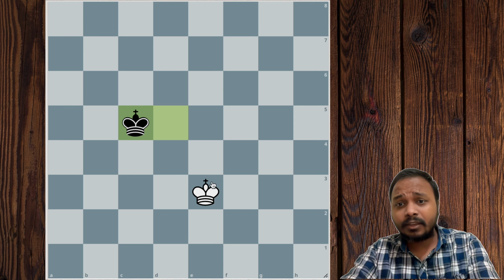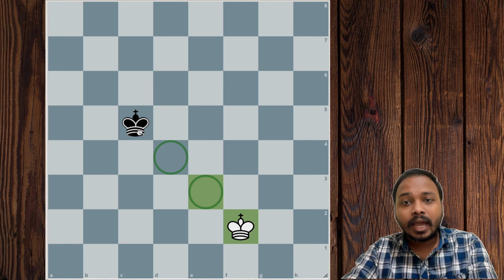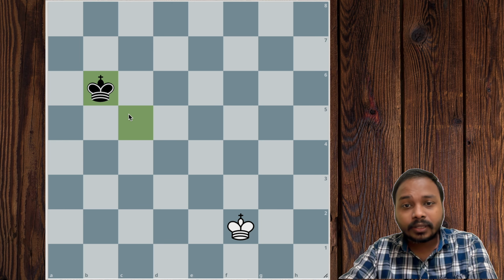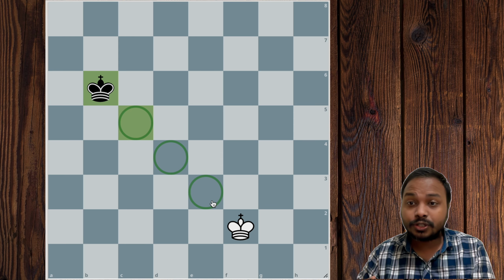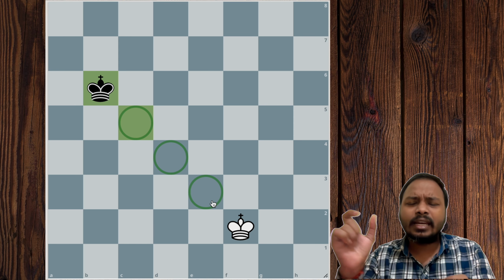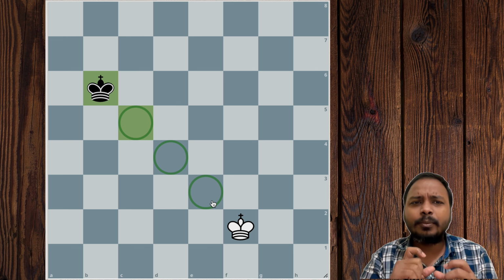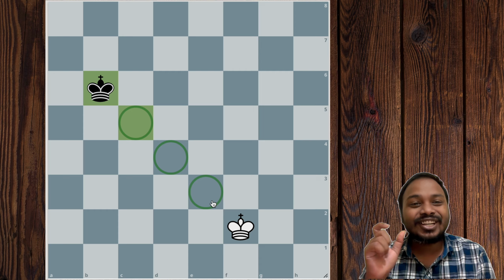And if they go back, this is not an opposition because it's only 2 squares. And if the king moves more, then it's 3 squares, right? So again, this is also an opposition. And of course, the proper word for it is distant diagonal opposition.